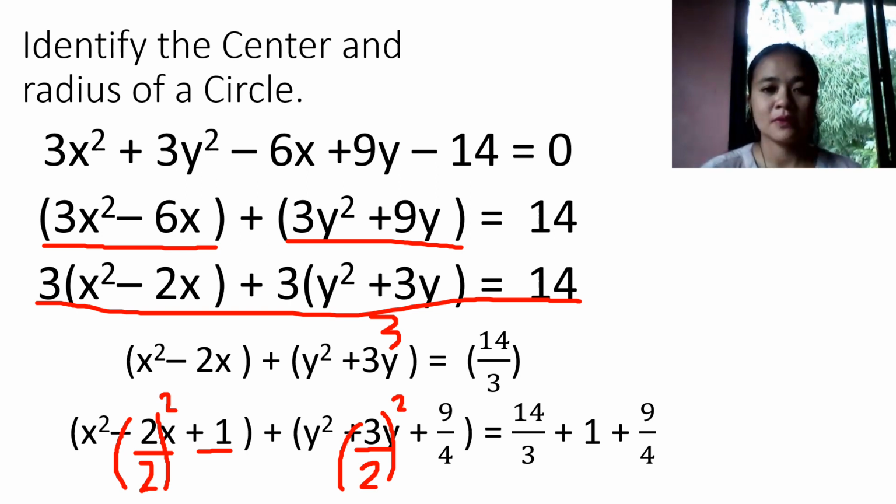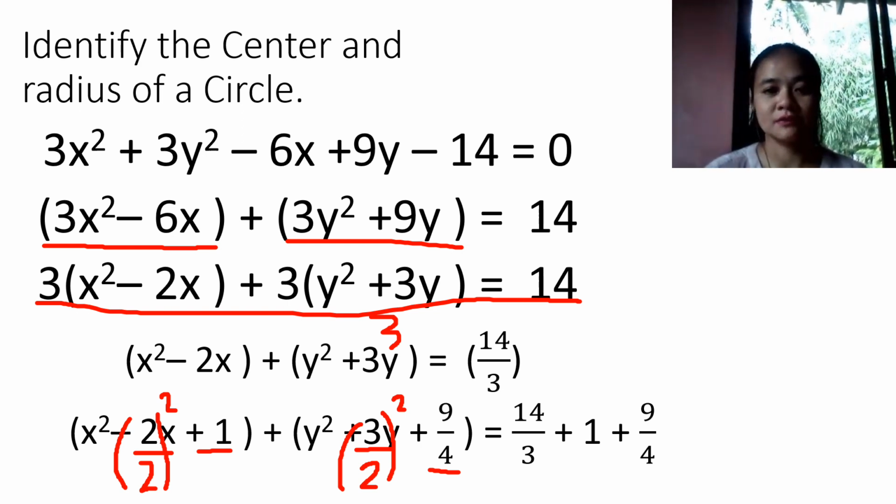What you have added on the trinomial must also be added as a constant to the other side of the equation. So 14 over 3 plus 1, which is from the variable x, and then 9 over 4 for the y.